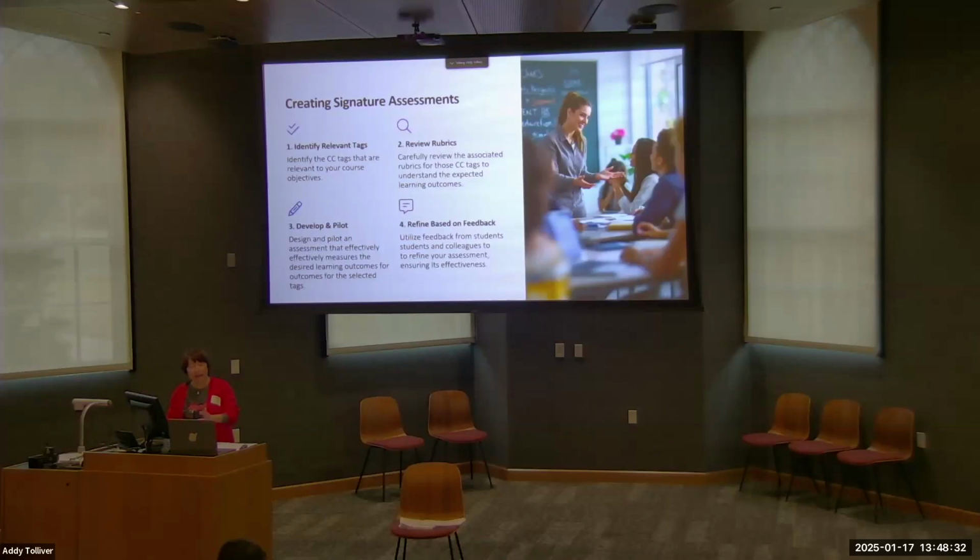So you need to really know what tags are tagged to your course, and then go to the rubric, compare and line up, and then you can develop your assessment for this particular tag. A lot of the time, if you're teaching the course for the first time and you only have one assignment that you're using for assessment, you perhaps want to pilot it and collect some feedback from your peers or from the Office of General Education, and then you can refine your assessment, make it really robust and solid, and then you can implement. So that is the process.